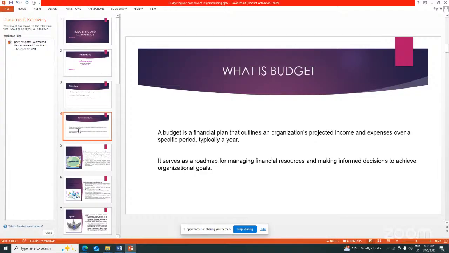If we look at the log frame, the logical framework, before activities we have inputs, but those inputs need to be financed, so they are financed through the budget. However, for budget writing, we need to be compliant to the donor and the organization's requirements.